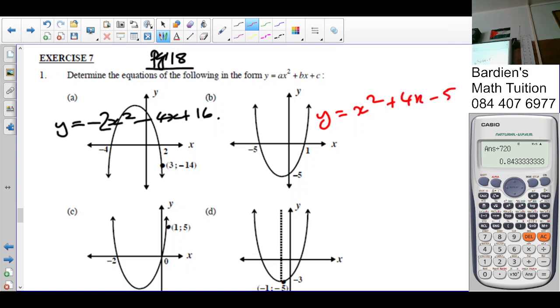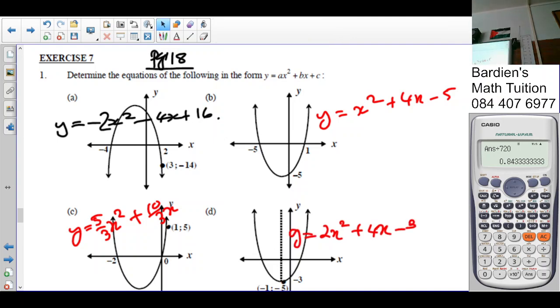The next one? Y equals 5 over 3 x squared plus 10 over 3 x. That's it? The next one? 2x squared plus 4x minus 3.